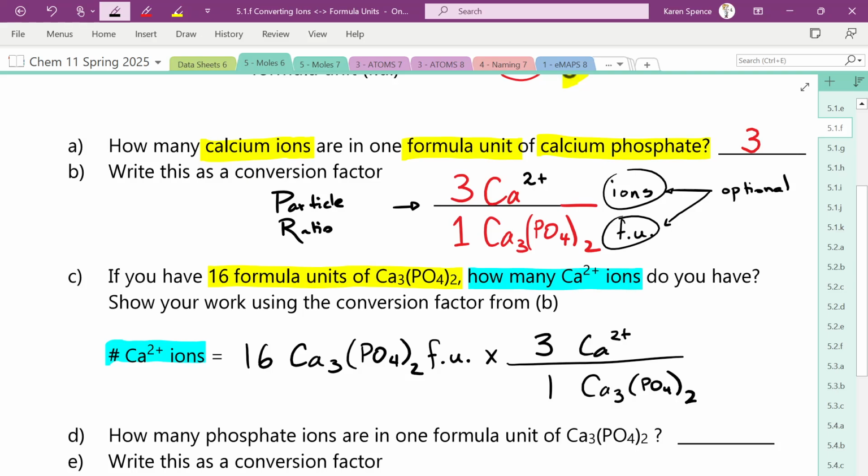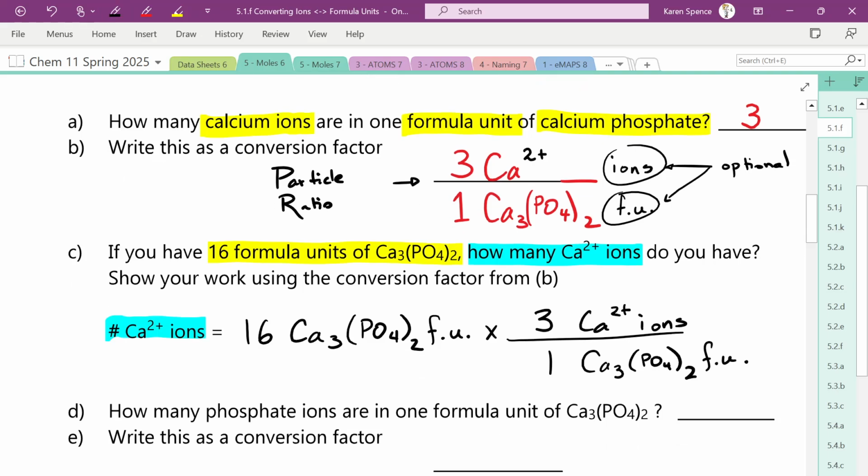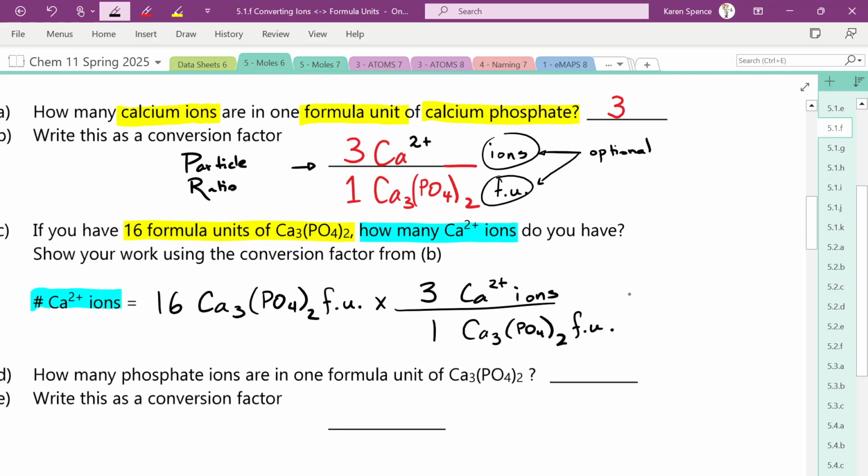So whether you say ion or not is up to you. Formula units, okay? And then we do our math there, and we get, you're absolutely correct, 48 Ca2+. And when you're writing the answer, you should write Ca2+ ions because it asks how many calcium ions, and so you should just do that. There we go.